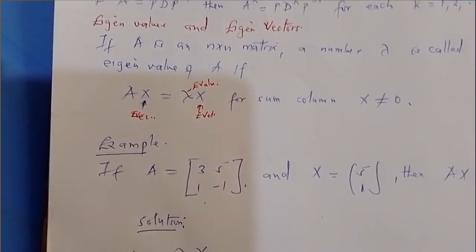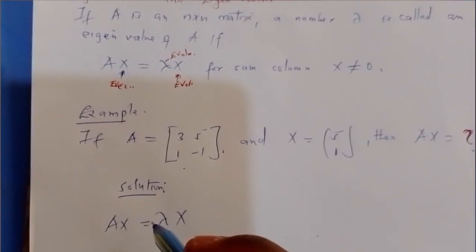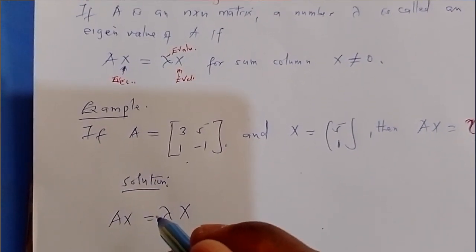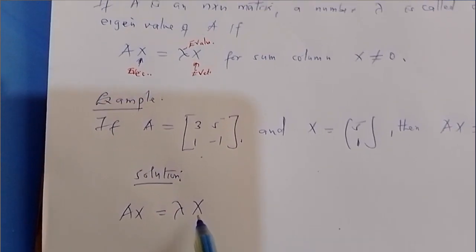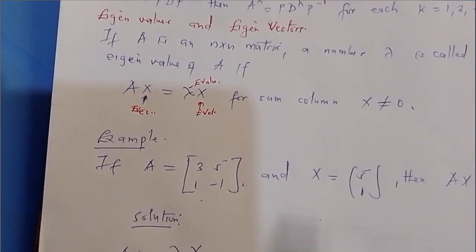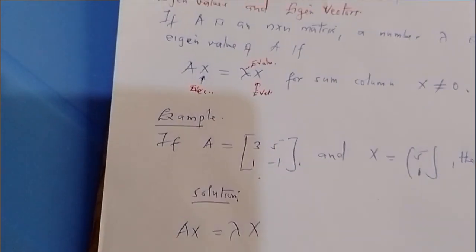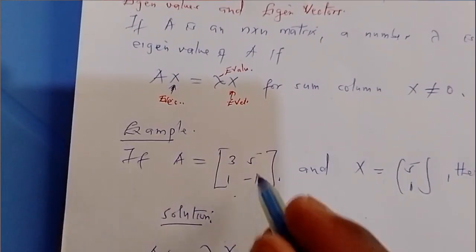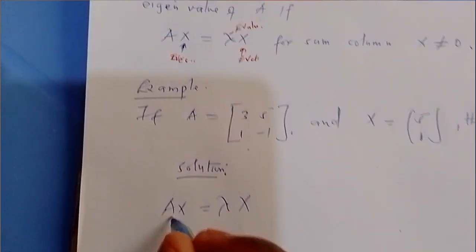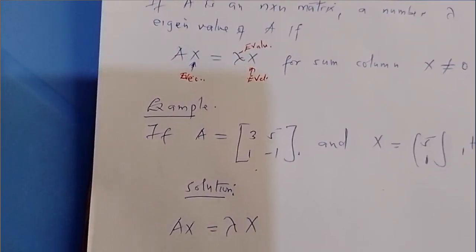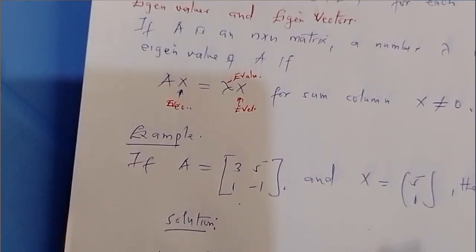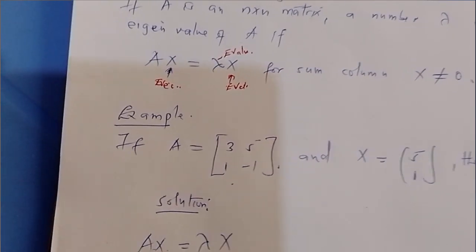Then we have said that this lambda is an eigenvalue. So we take this A and substitute 3, 5, 1, negative 1, and multiply by x, which is 5, 1.